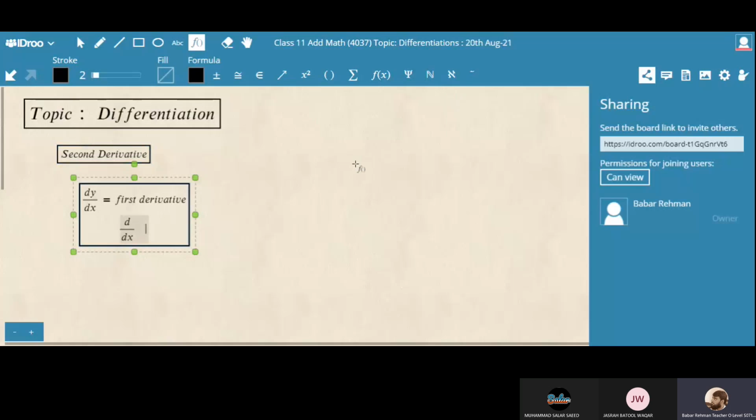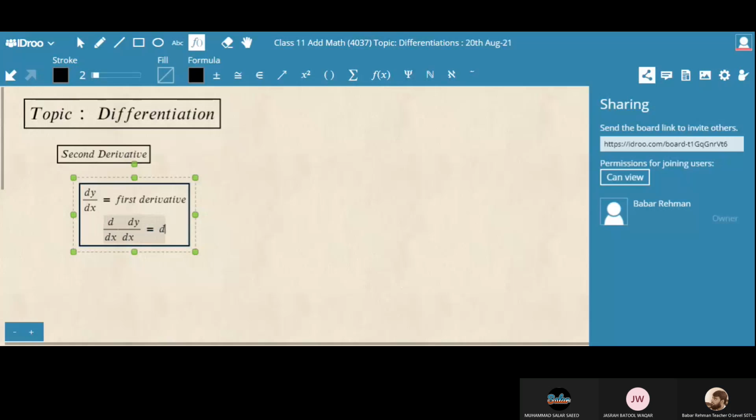Okay, so this time, look at this. We are finding the derivative of the derivative. I don't put the bracket over here, leave it. Now I'm finding the double derivative.